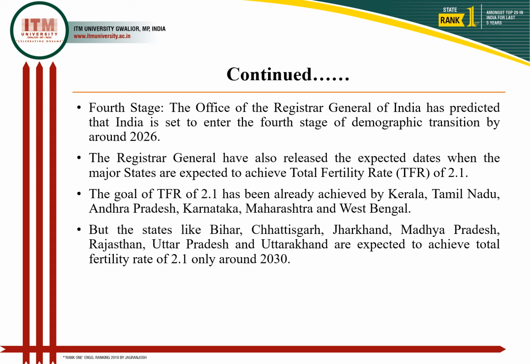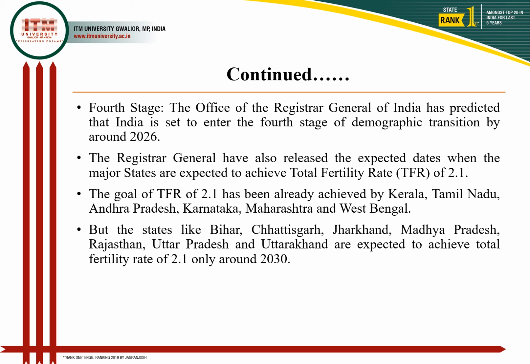The fourth stage, which we expect we will enter in 2026, is when we can achieve the total fertility rate of 2.1, which is right now higher in many states like Bihar, Chhattisgarh, Jharkhand, MP, Rajasthan, UP, and Uttarakhand.